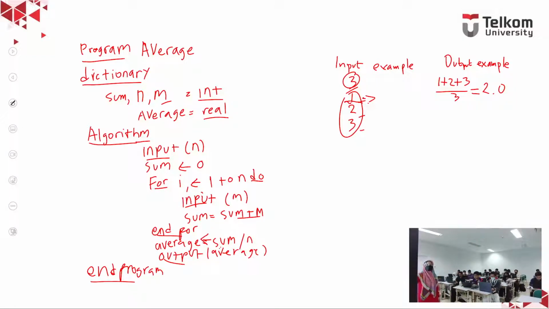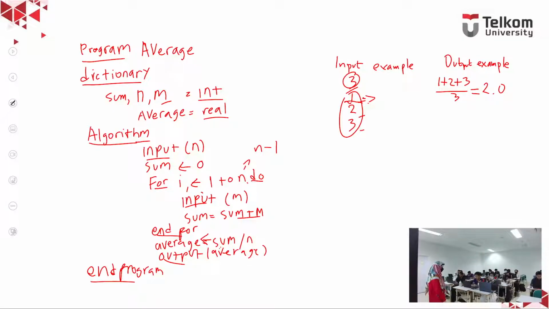I also have to mention that in maybe the majority of programming languages, the counter usually starts at 0. If you use 0 as the starting number, it means that at the end, don't forget to minus 1.